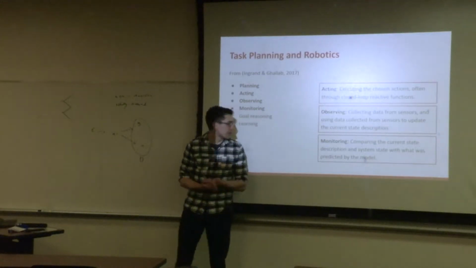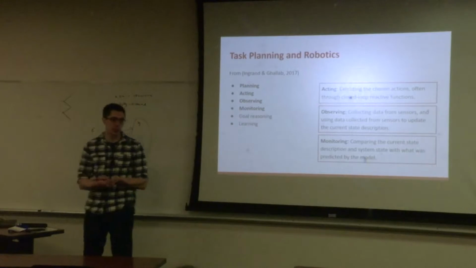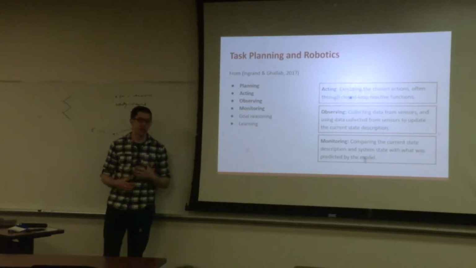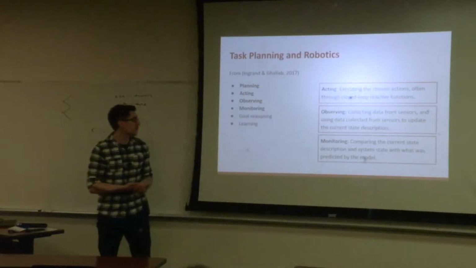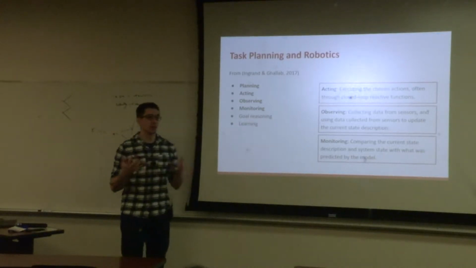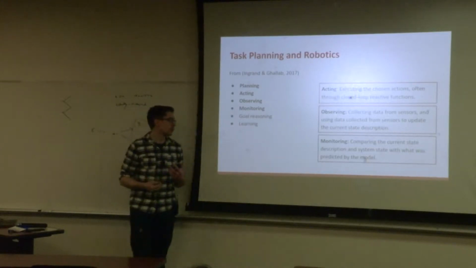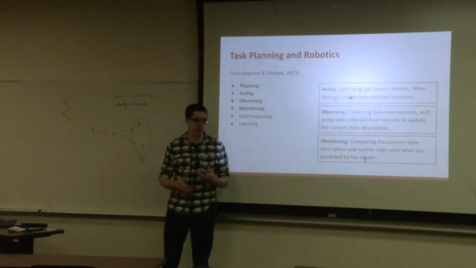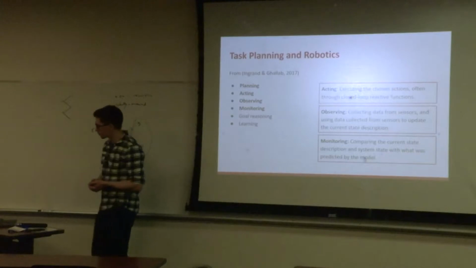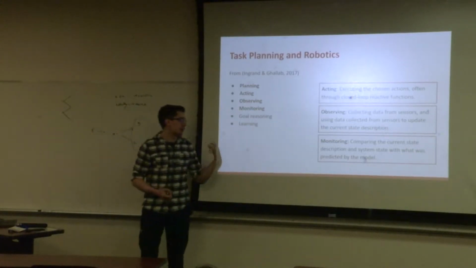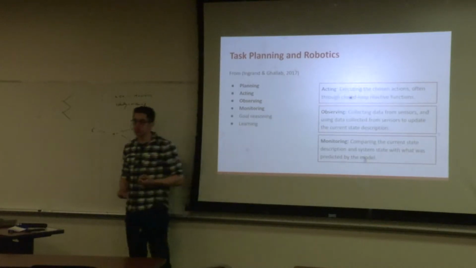And then monitoring goes back to the problems I was talking about. How do you react to these unexpected events? Has the plan failed? And how do you need to respond to what the current state is, given your current plan? And all of these deliberation functions involve many of the problems from the previous slide.